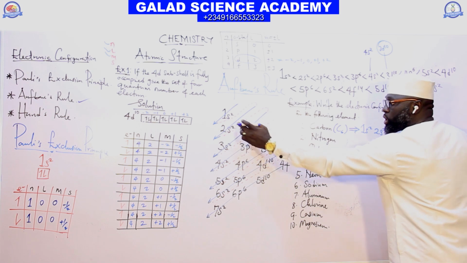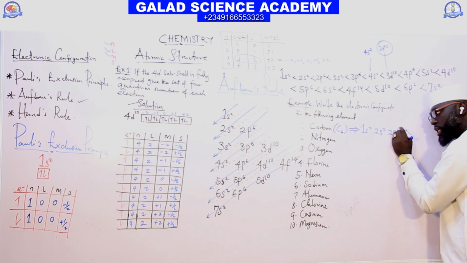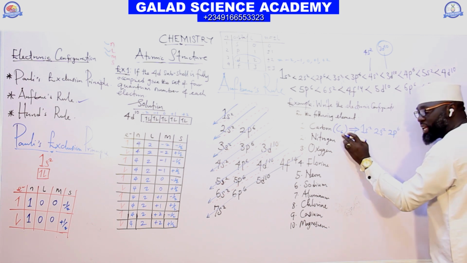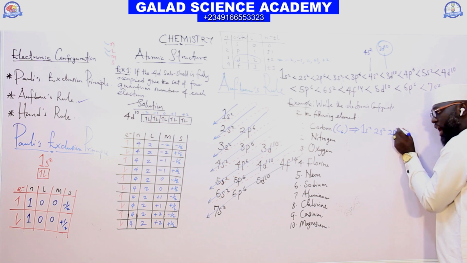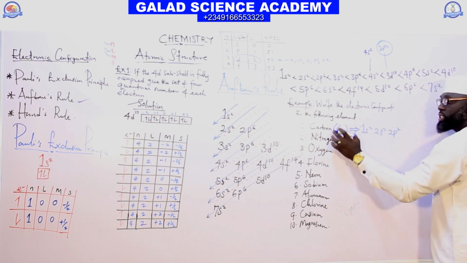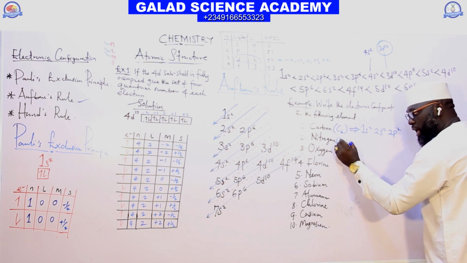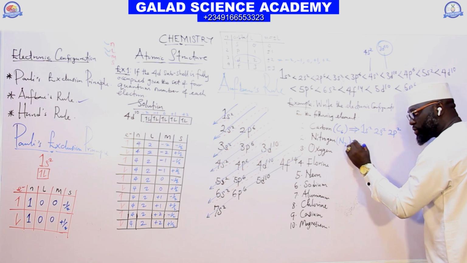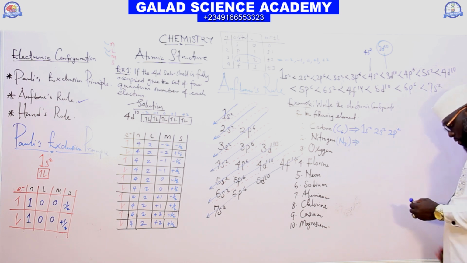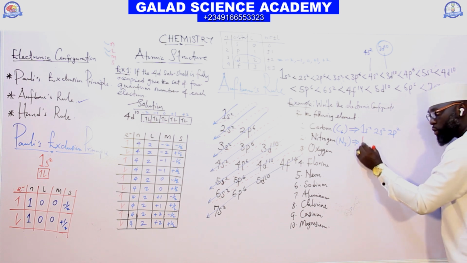What's the next one? 2p. The number of electrons remaining here is 2, so we have 2p2. So 2 plus 2 plus 2 making 6. Nitrogen has atomic number 7.